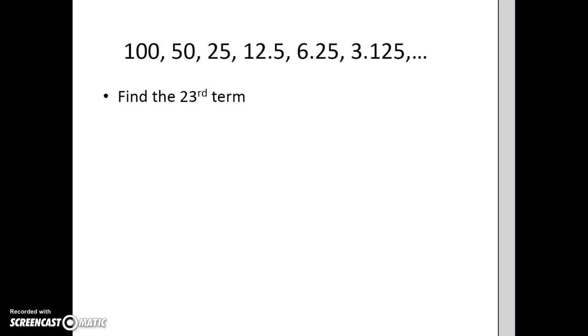Do I have a pattern with either multiplication or division? Well, we are multiplying by 1/2. So the first thing we want to write down here is that we are multiplying by 1/2.